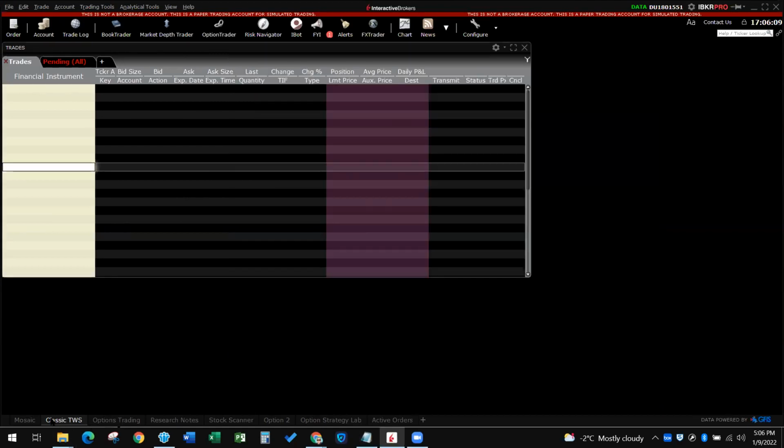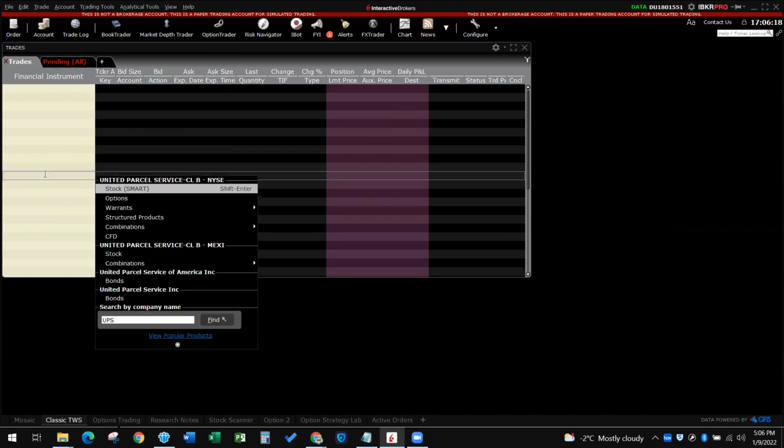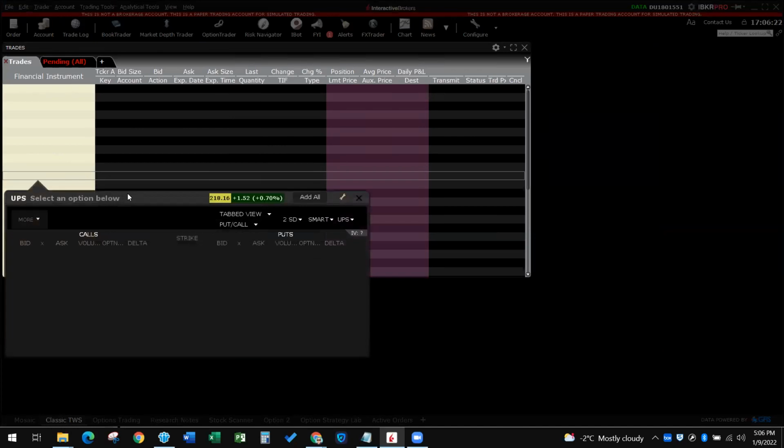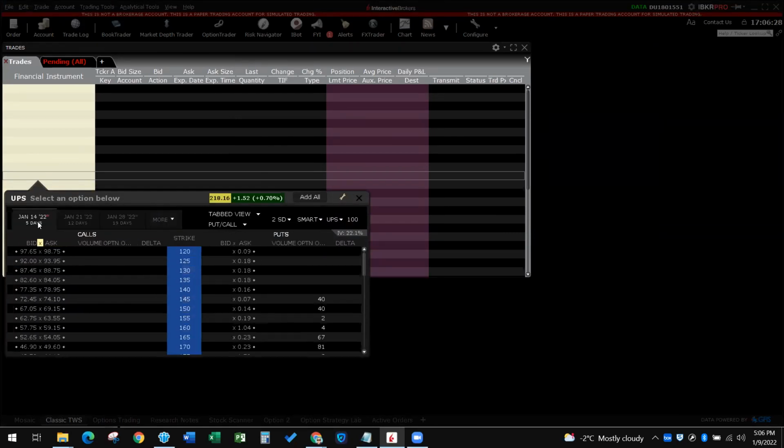I come to classic TWS. In one of the rows, I enter UPS. I choose option here. I choose the strike that I'd like to buy. Expiry is January 14.